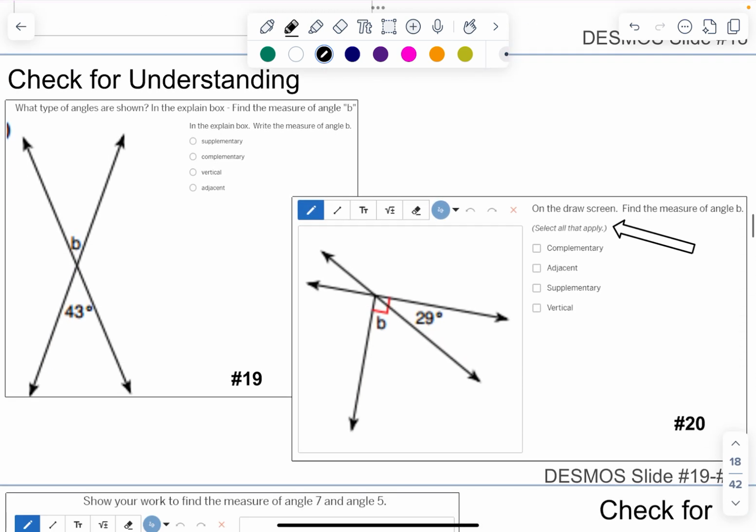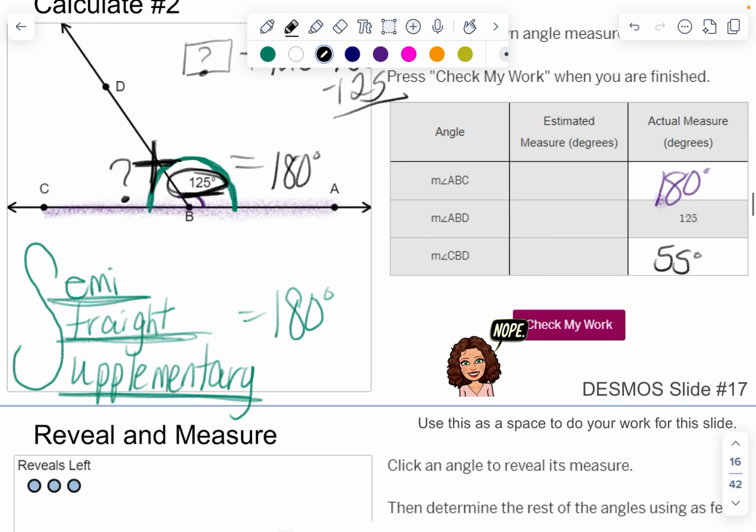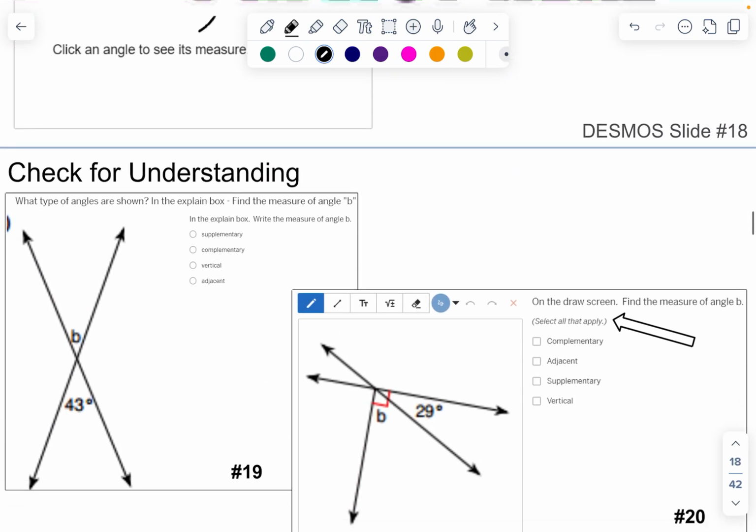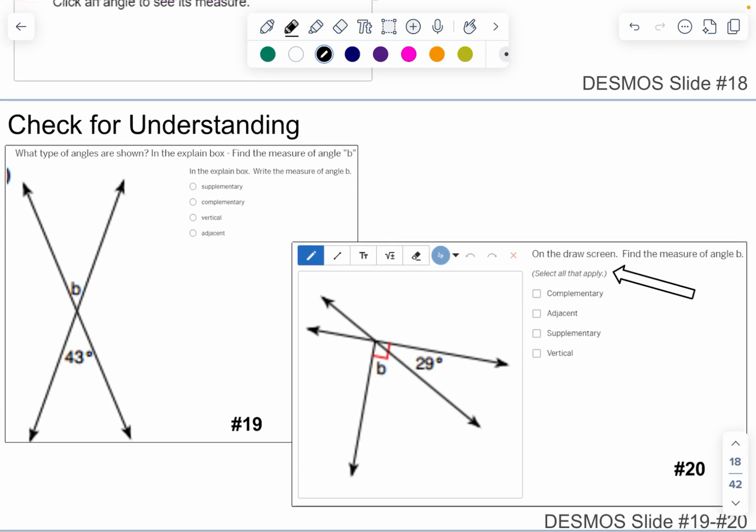Now let's check for some understanding. What type of angles are shown in this? Find the measure of angle B. You're going to do one of 3 things. Are they across?